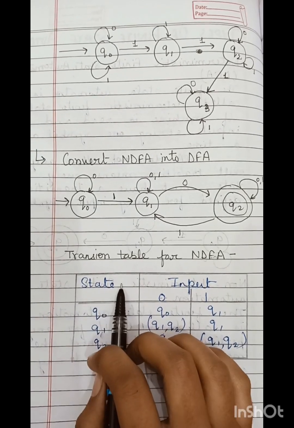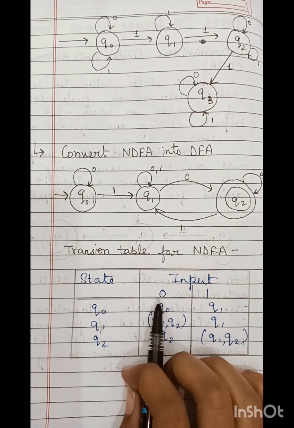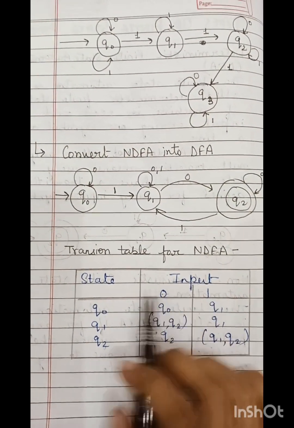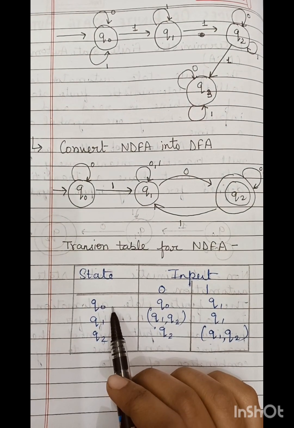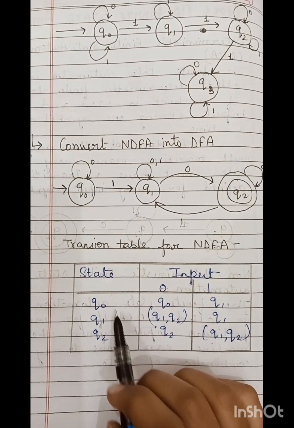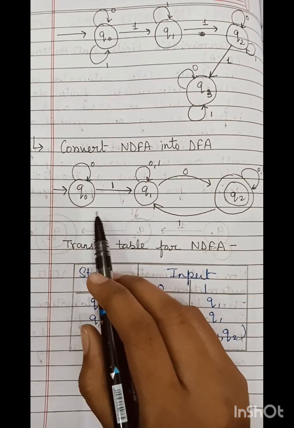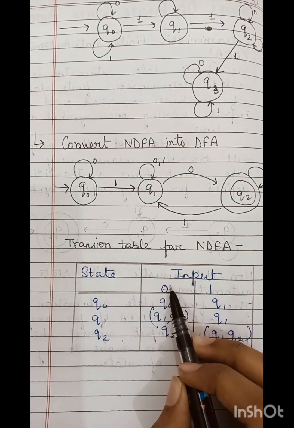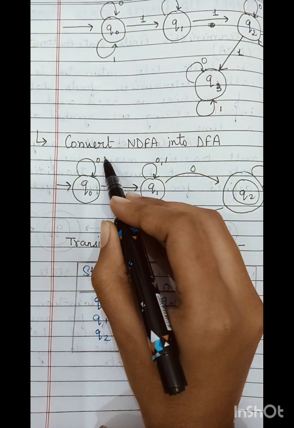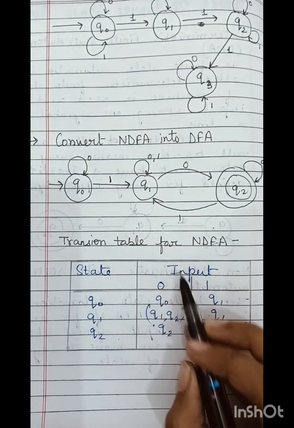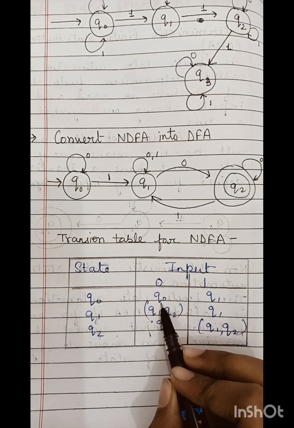First we will write the state and input, where the input can be 0 or 1. The states are Q0, Q1 and Q2. For Q0, when the input is 0, we get Q0.